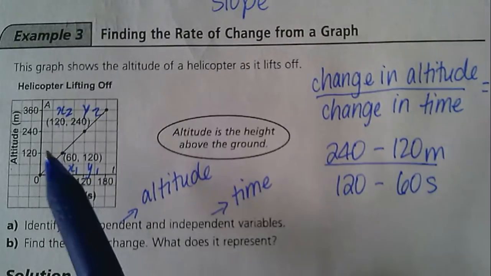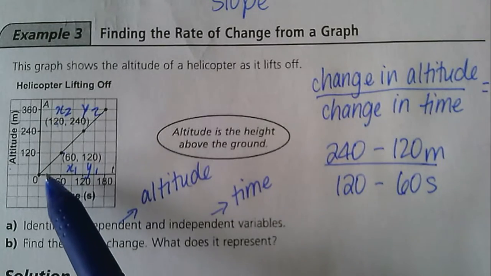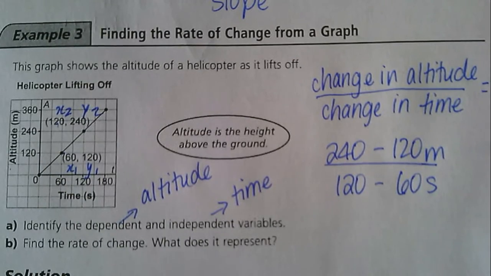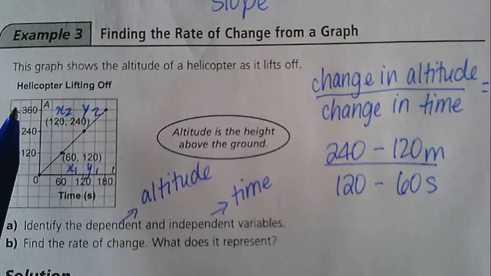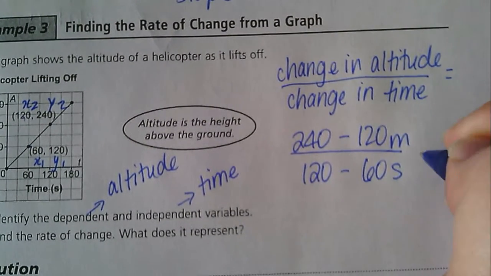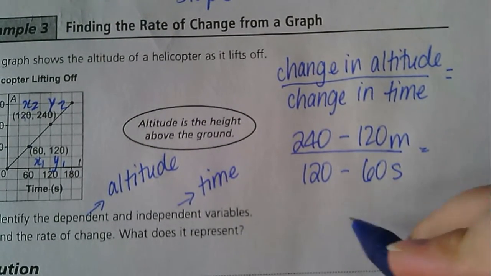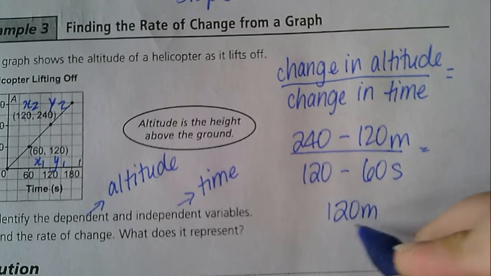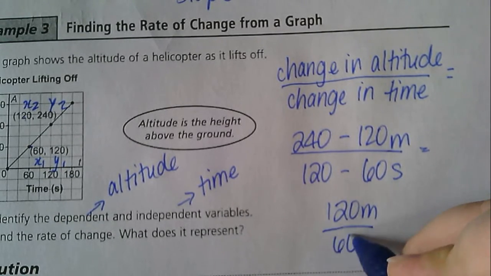Now, for these linear relationships that show a positive slope, these are going to be a little bit easier, but when we see lines going the opposite way, labeling it x1, y1 and x2, y2 might be helpful later on. So let's finish our equation. That means we have 120 meters divided by 60 seconds.